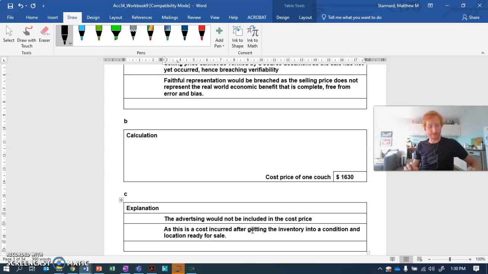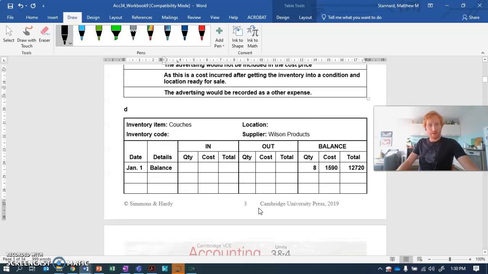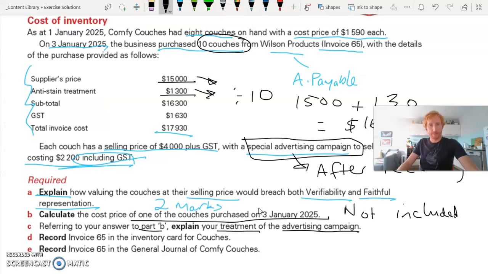There you're using the definition of the cost of inventory, which is getting the inventory into a condition and location ready for sale, and this one is after getting it ready. To extend that a bit further, the advertising would be recorded as an other expense.